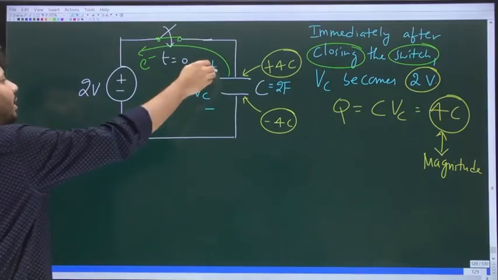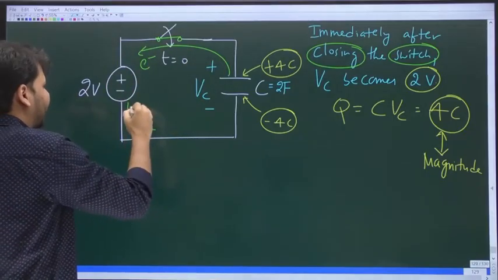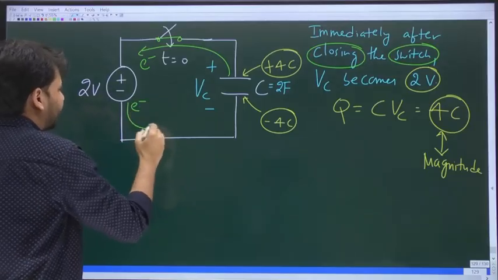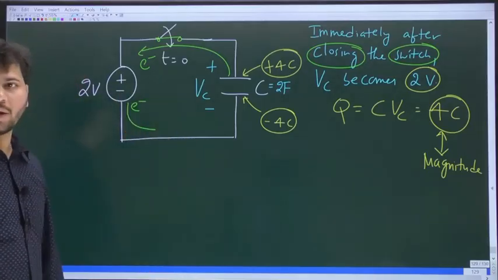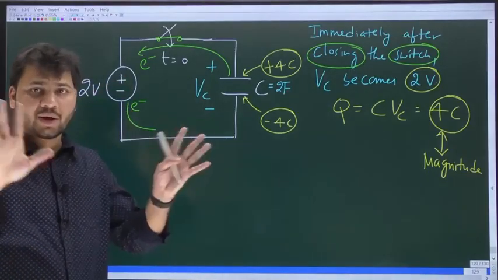Yes or no? Look at this. Whatever number of electrons are flowing into plus, the same electrons will again come out of minus, because a voltage source does not store any electrons.